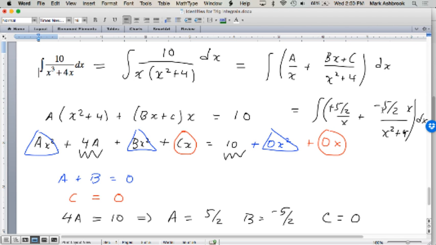What about the second one? How do we do that? That's like undoing chain rule, right? Because we got x squared plus 4 and essentially have its derivative outside of there, the x to the first.